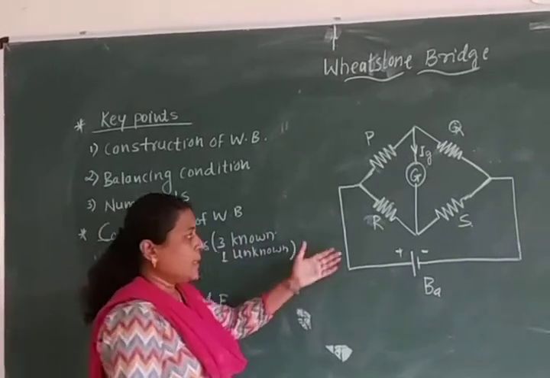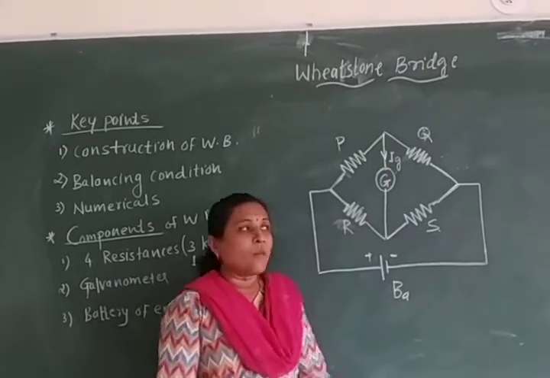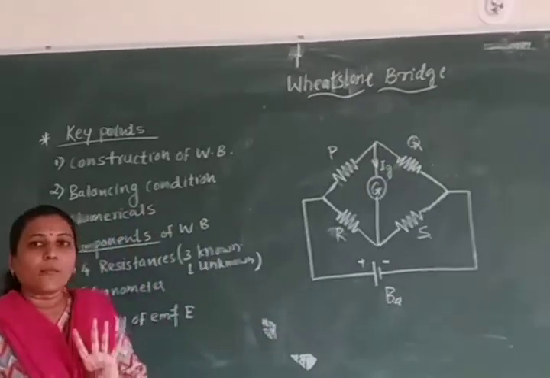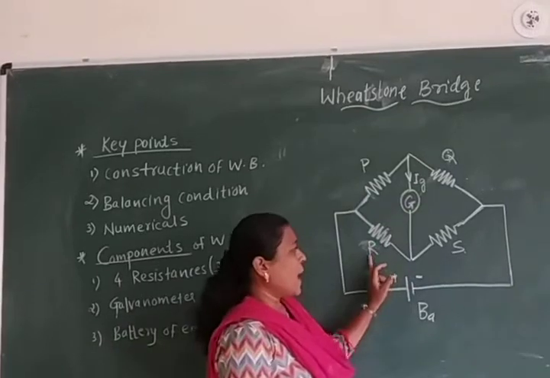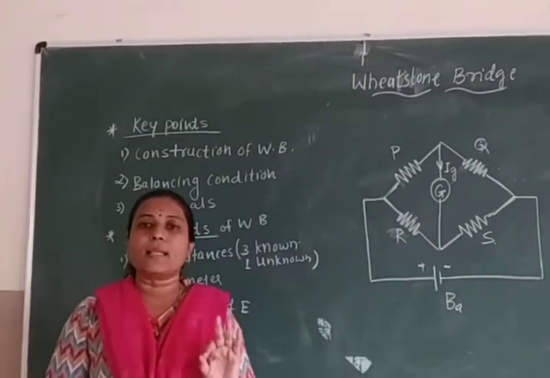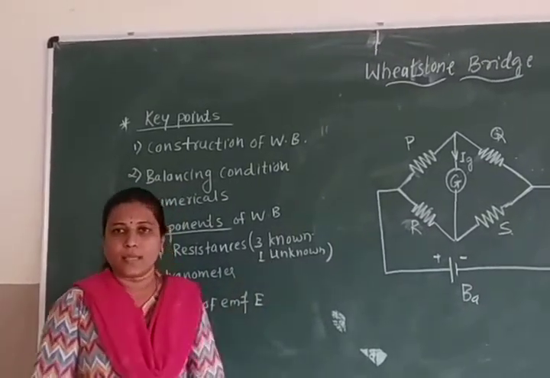Before we focus on the construction of this Wheatstone bridge, what components do we need to construct this network? We need 4 resistances, P, Q, R and S. Out of these 4 resistances, 3 must be known resistances and 1 is an unknown resistance.